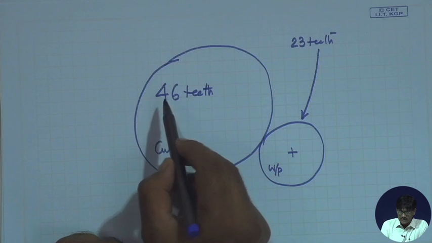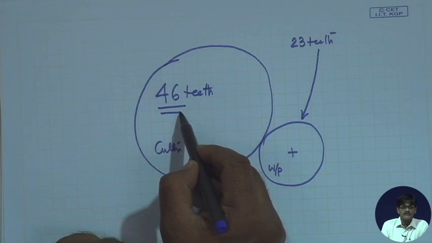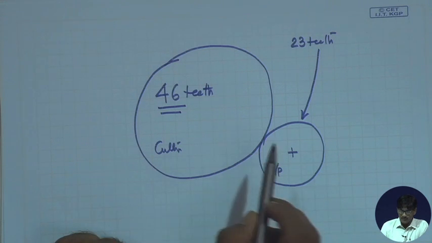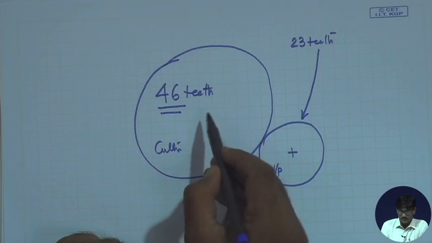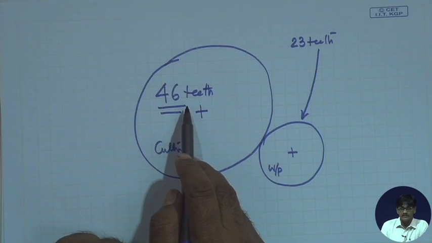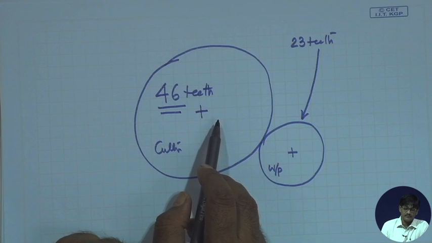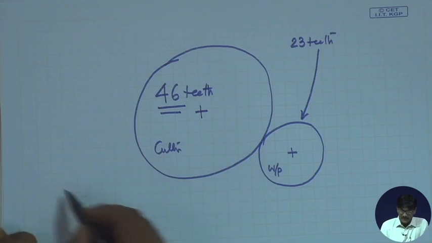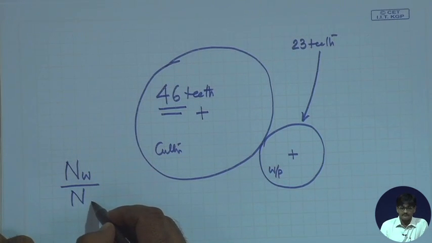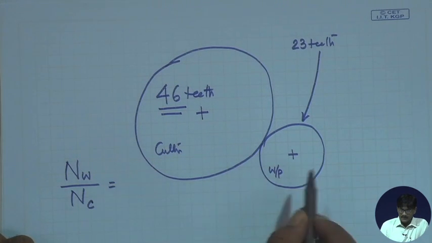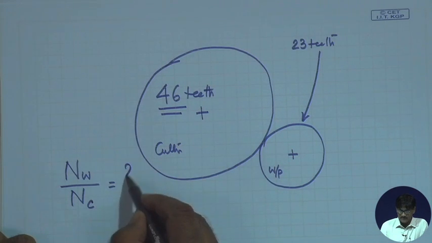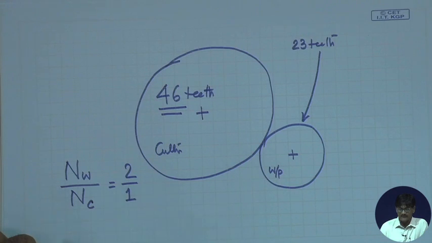And if it meshes with the 46 gear of the same module, in that case they would have a definite speed ratio. What will be the speed ratio? The one with larger number of teeth will definitely have slower RPM, and therefore, we can say n workpiece by n cutter will be double the RPM of the cutter, equal to 2:1.